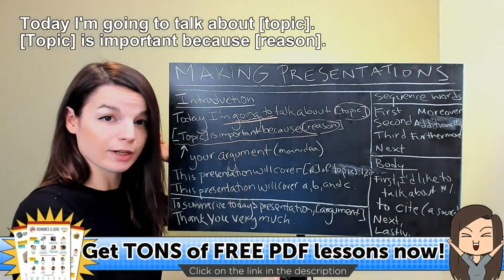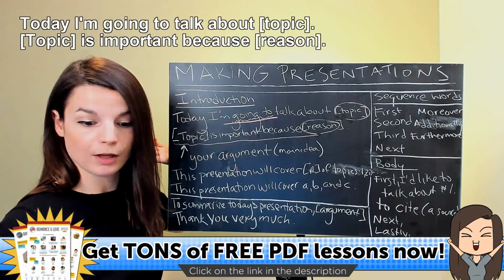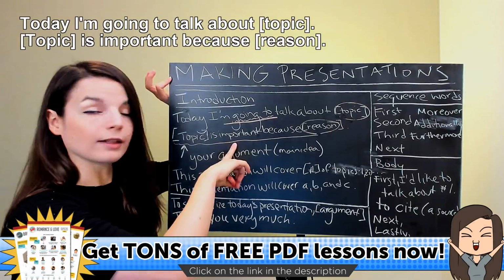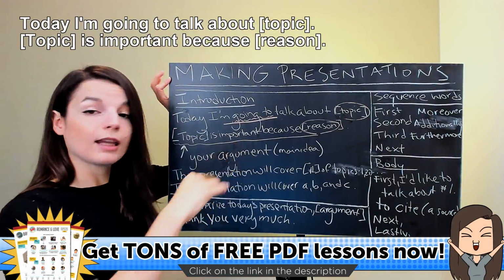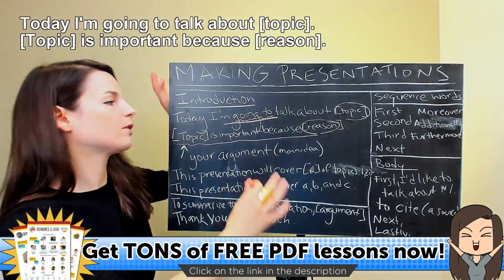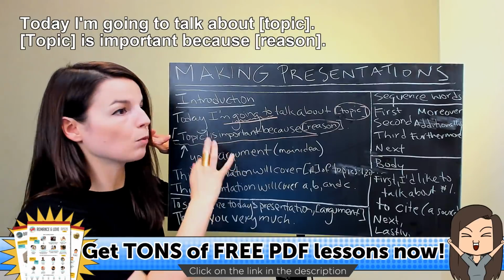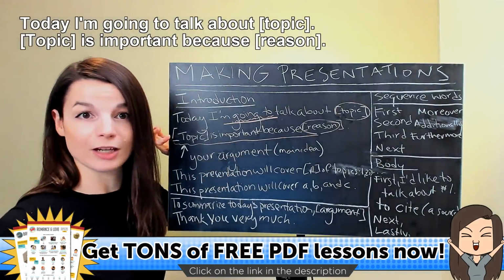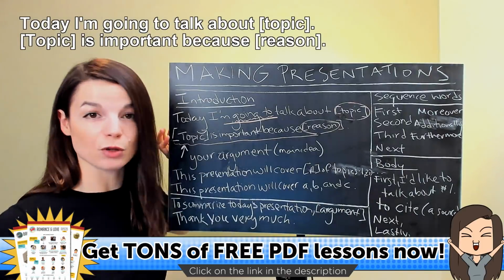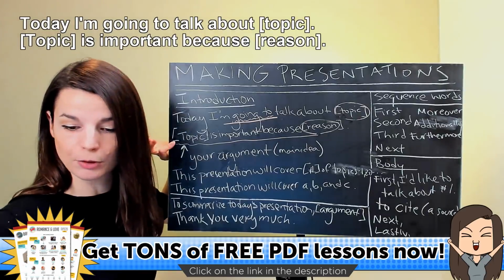Why is it important I listen to your presentation? In my case, making presentations is important because they're key ways to share information, for example. So explain why your topic is important. Why are the sales figures in your company important? Why should we pay attention to you? Why should we give our time to you? Explain that here.